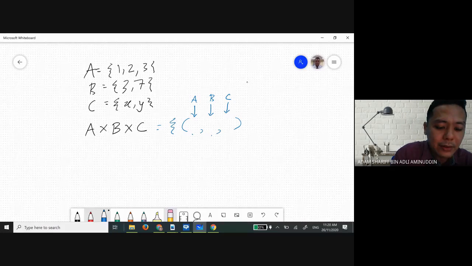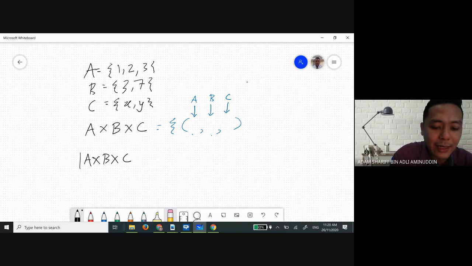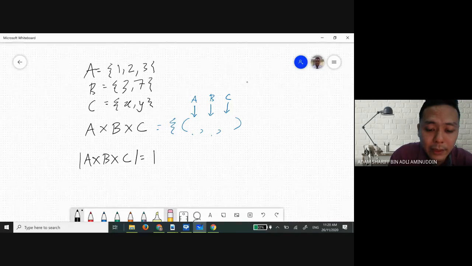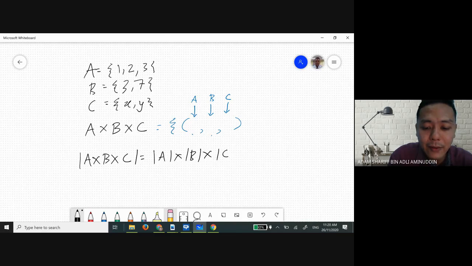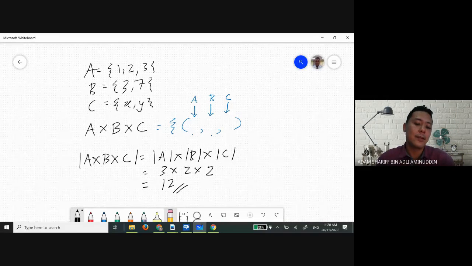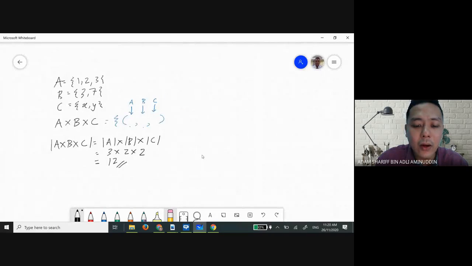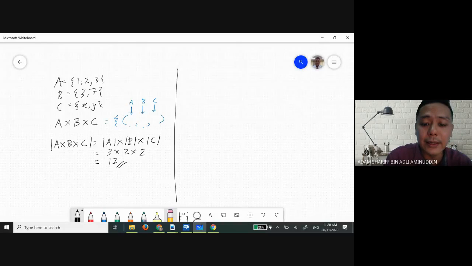Tetapi untuk orang kata tahu berapakah elemen kat dalam tu, you can get the picture. It will be cardinality of A times cardinality of B times cardinality of C. So it will be 3 times 2 times 2. It will be 12. So should have 12 distinct ordered triplets that I will try to put the answer here.